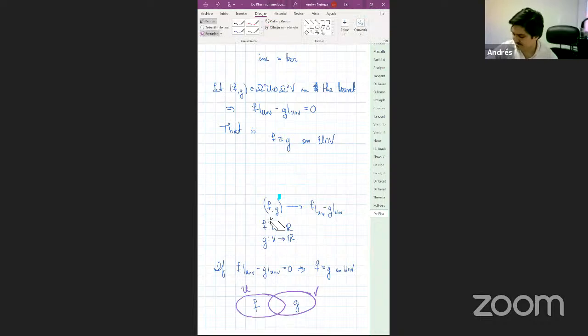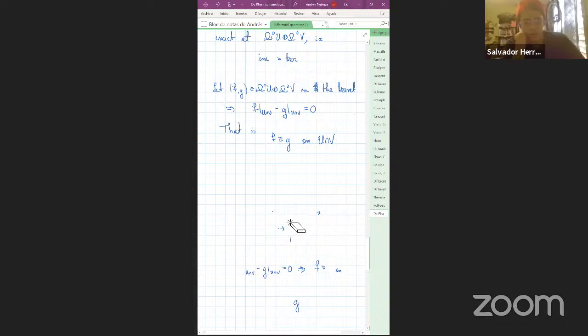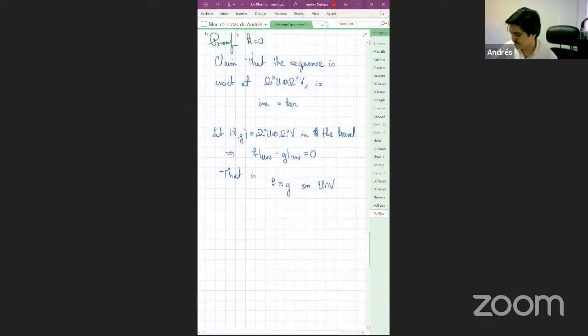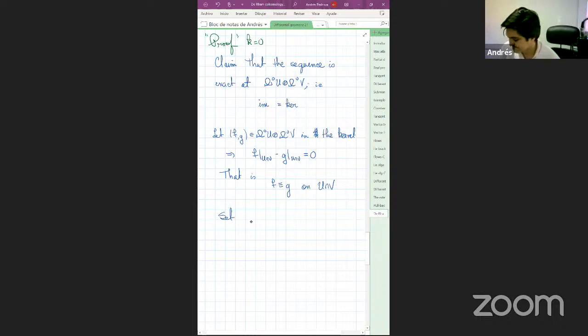Salvador, Moises? Yes. Okay, and then what follows? What is the function? I want a global function.